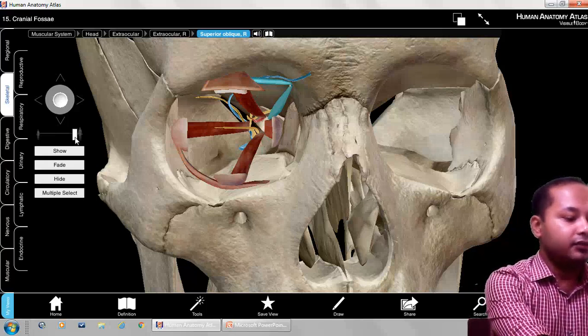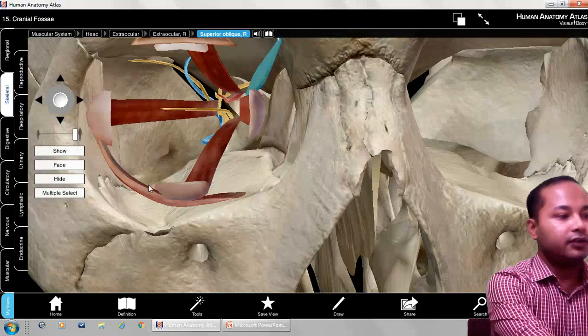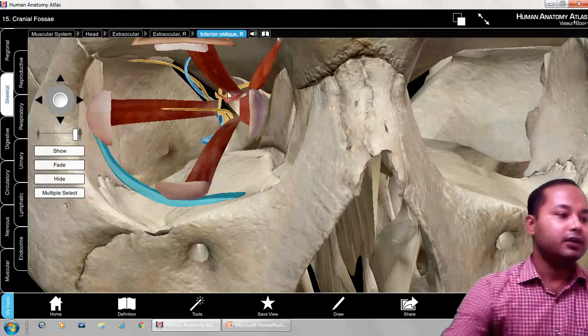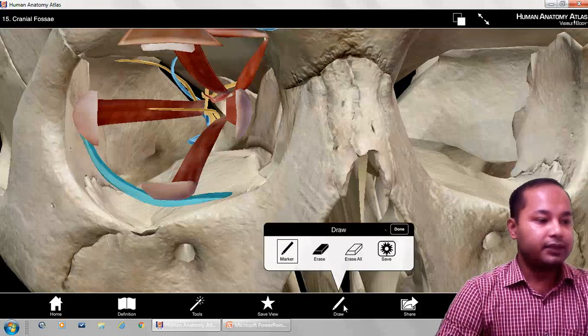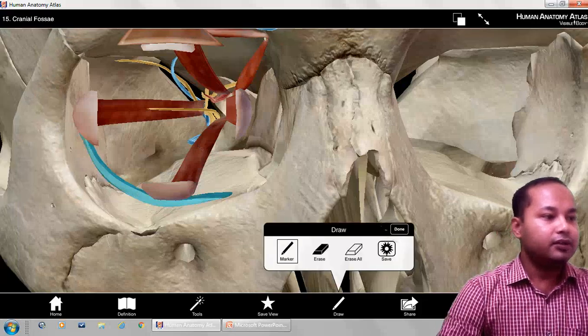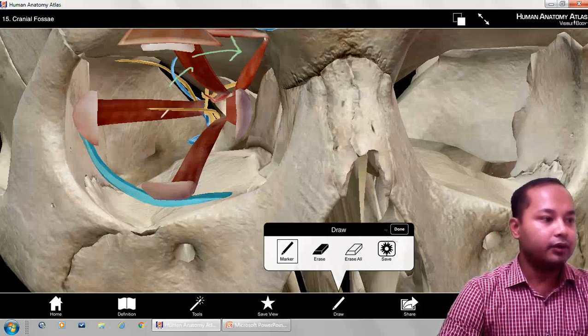Okay, then please take a look at the counterpart muscle. I will zoom it again. This is called the inferior oblique muscle. Let me tell you its movements also, because this muscle will contract in this direction, and this will make the eyeball move in a clockwise direction.